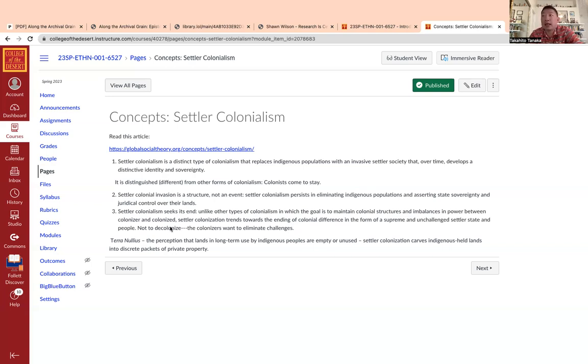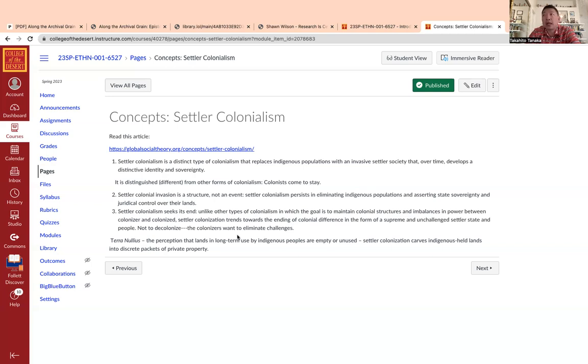So this is not to decolonize. This is different from decolonizing. It's its own unique colonial state that still is pervasive today. The colonizers want to eliminate challenges they would face in terms of being ruled, not only by the British, for example, but also by other forces like the indigenous groups, seen as a threat.